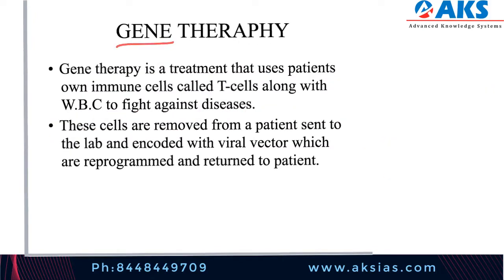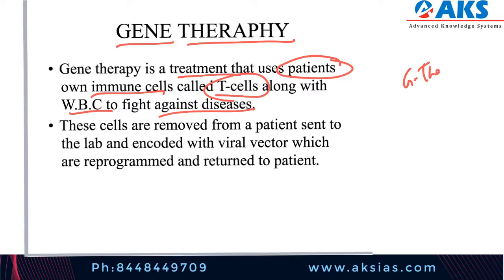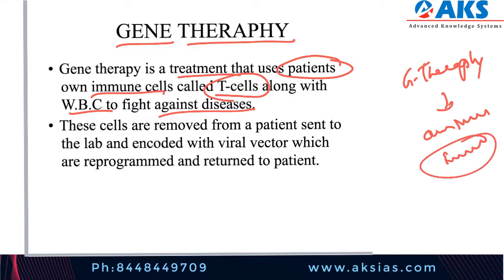Now let us discuss gene therapy. Gene therapy is a treatment that uses the patient's own immune cells called T cells, along with WBC, to fight against diseases. We have immunity in ourselves, and we use it to fight the diseases.